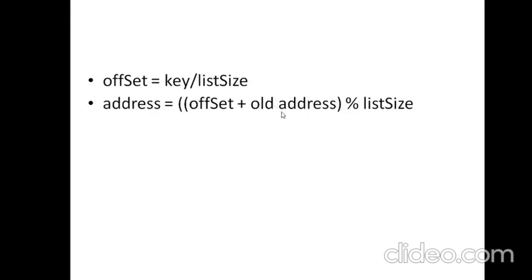So we combine the old address with the offset. Unlike pseudo-random, where only the old address is considered, this introduces randomness into the address. So the same path will not be followed because of the variation in the keys.